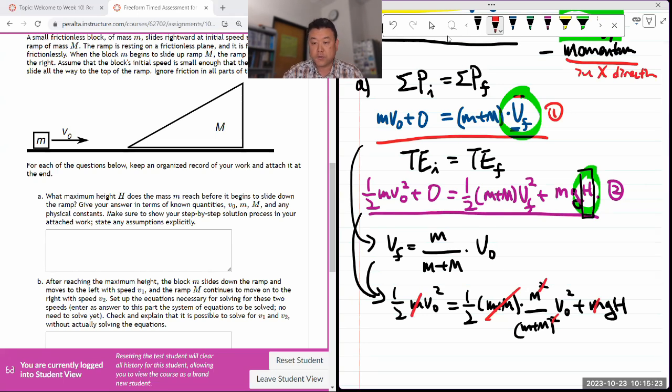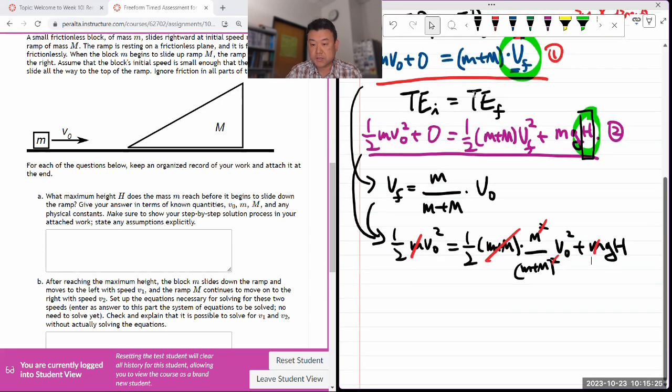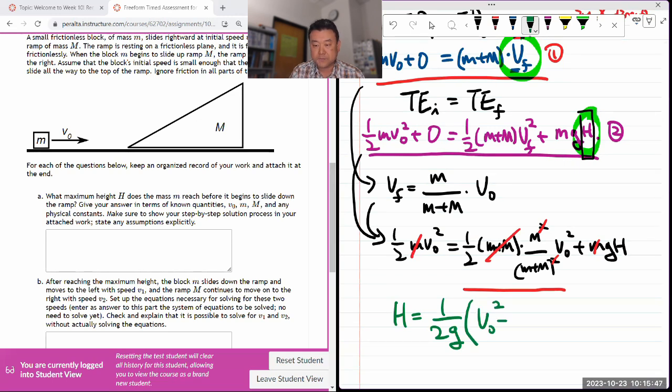So now I can solve for h by moving this term over to the left-hand side and then dividing by g. I'm going to do that in my head and then write it out with the h on the left-hand side. h is equal to 1 over 2g, factoring out 1/2, and then I have v naught squared minus this factor, the ratio of the masses, times v naught squared. Oh, I could have factored out v naught squared.